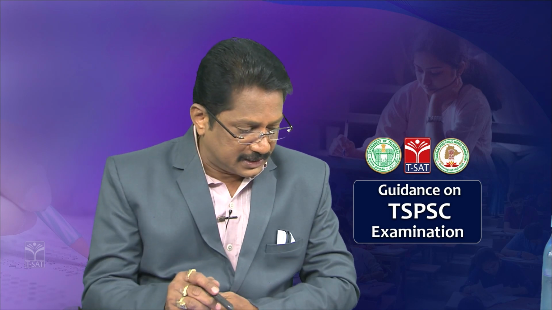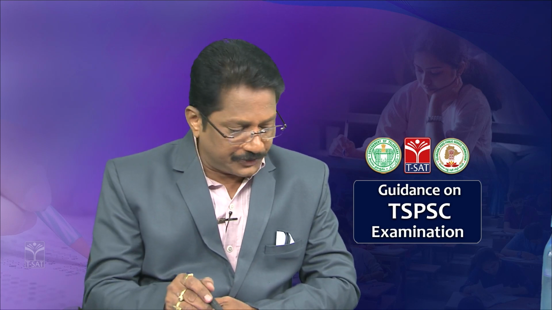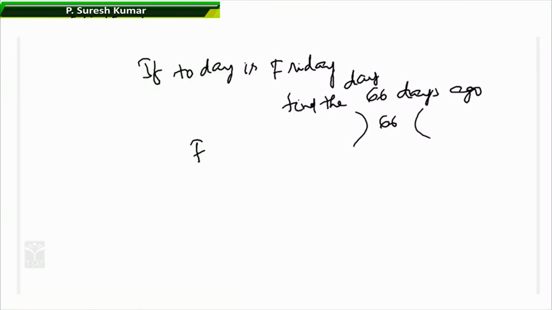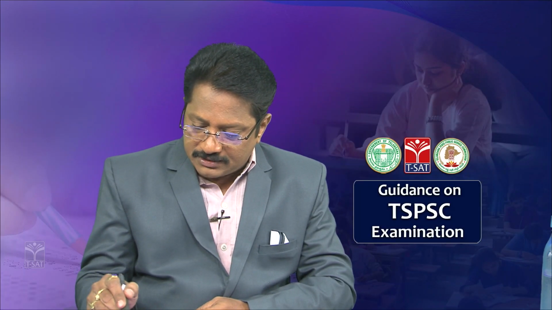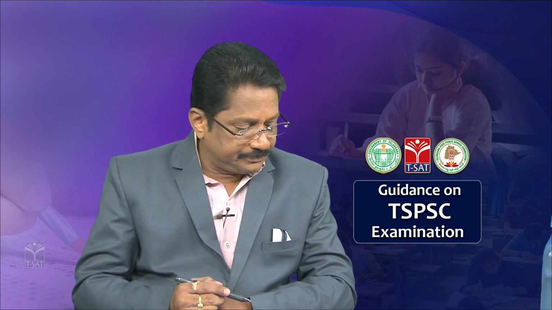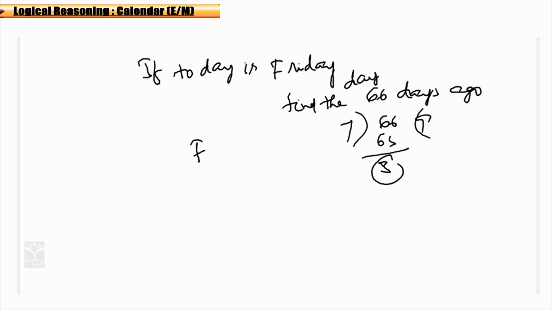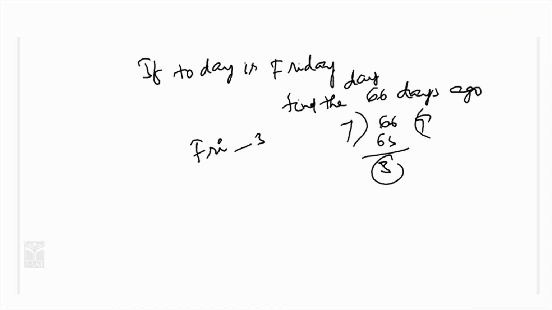How are we going to follow it? Here you are taking Friday and 66 days, correct. You have to divide 66 by 7: 7 nines are 63, and 3 is the remainder, correct. If 'ago' is given, you have to subtract that. So this is Friday, no? For 'ago', you have to subtract this 3.